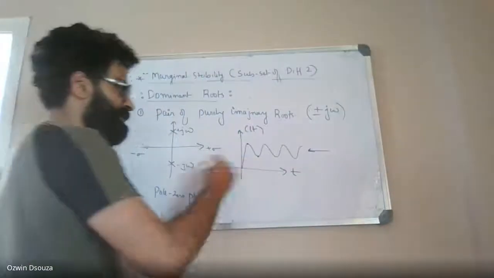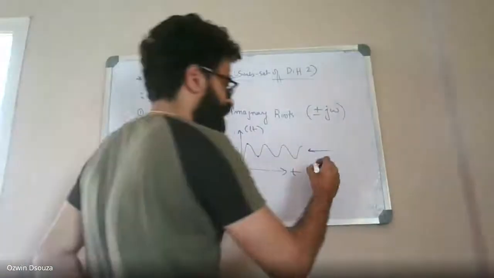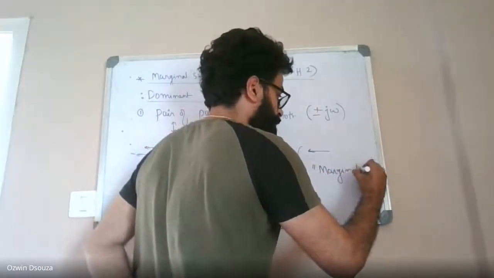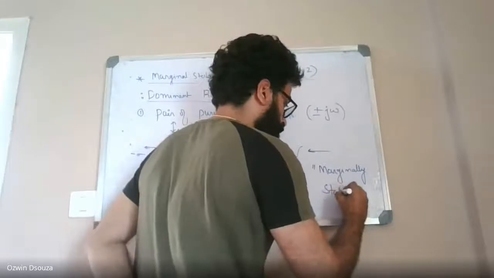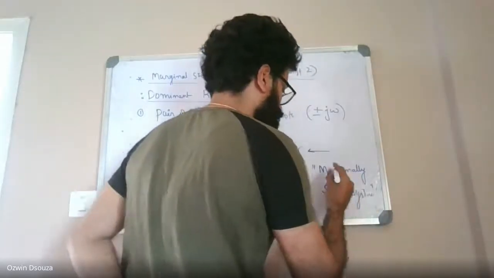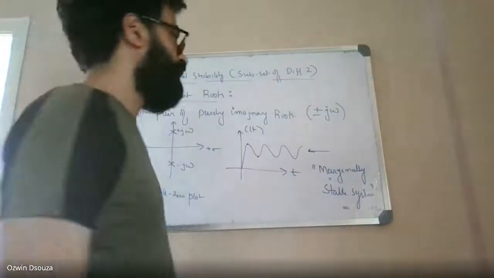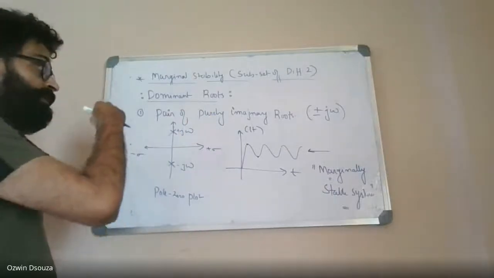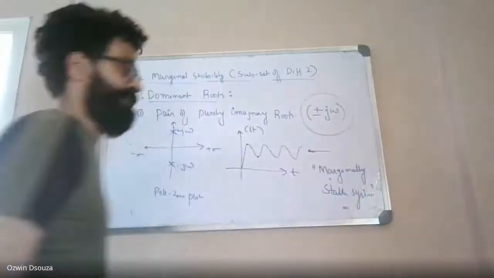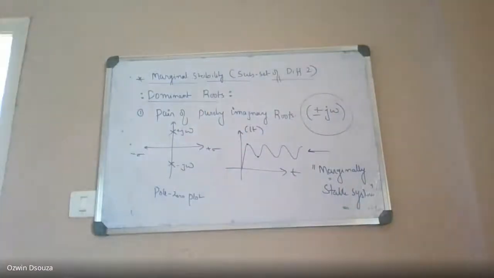If such is the system response, or if such is the pole zero plot, then your system is said to be a marginally stable system. So in order to get marginal stability, when you equate the auxiliary equation, you should get roots of this kind, because then you will get the sustained response.